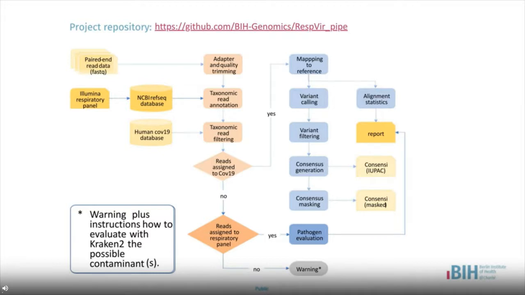Additionally, we give instructions on how to evaluate unmapped reads due to possible additional contaminating pathogens like bacteria. This part of the workflow is highlighted in gray at the bottom of the chart.